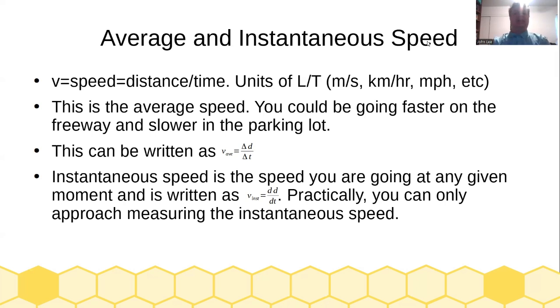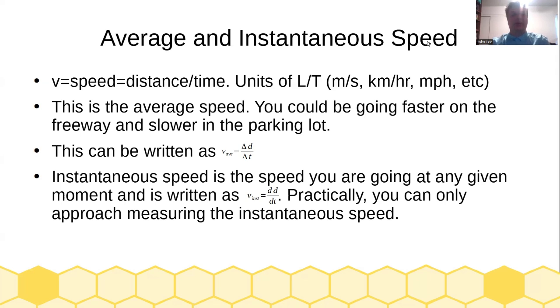Instead of averaging out a distance that you're traveling over a long time period, you take the time period and try to go as small as possible to approach zero and see how much distance you've traveled in that approaching zero time period.